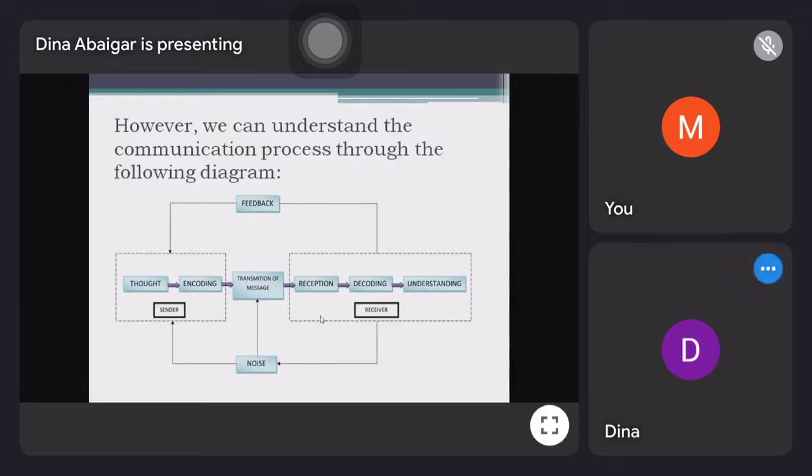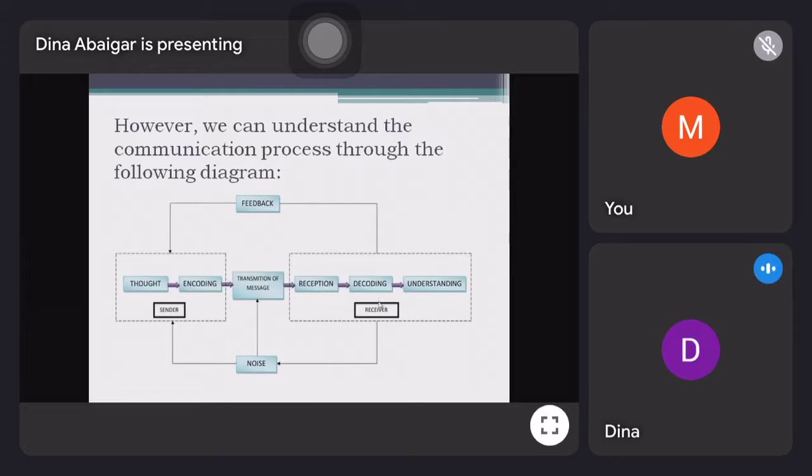Then the transmission of the message, which are the ways or tools used by the sender to send the message, and the reception by the receiver, and how he or she decodes the given meaningful message of the sender.